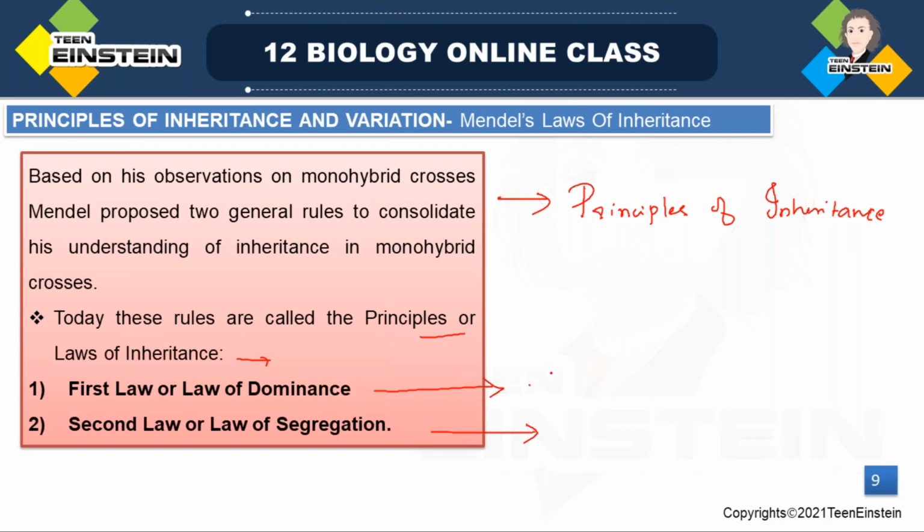The first law explains how a character shows dominance, and the second law shows how characters get segregated. Like that, Mendel proposed the principles of inheritance by understanding the offspring of a monohybrid cross.